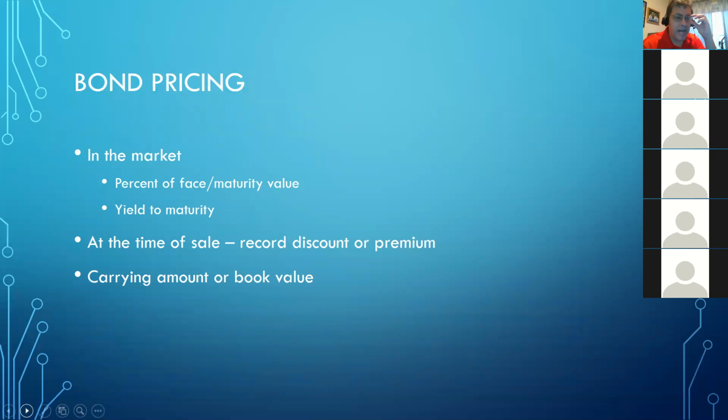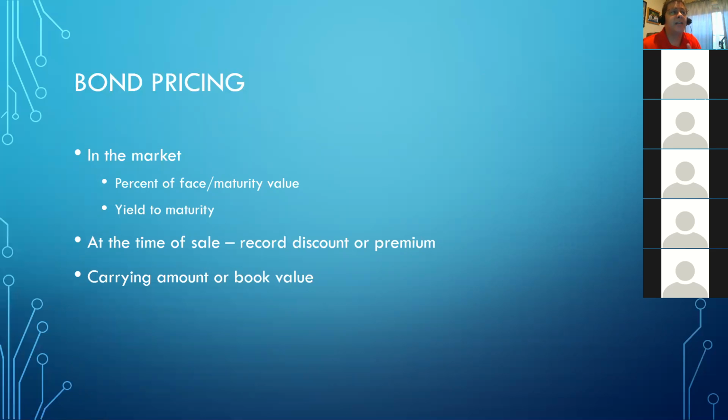So that's basically what this slide is talking about, the pieces from that last one. When we initially record a bond, when it's first sold, we record either a discount or premium depending on whether we sell it above or below face value, and we always sell bonds at their present value of the future cash flows, and we learned how to do that.